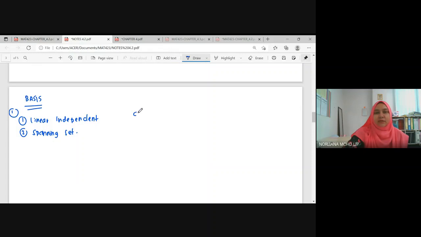Kita tahu kan c1 v1 plus c2 v2. Jadi tu ada 4 vektor kan. c3 v3 plus c4 v4 is equal to 0 vector.